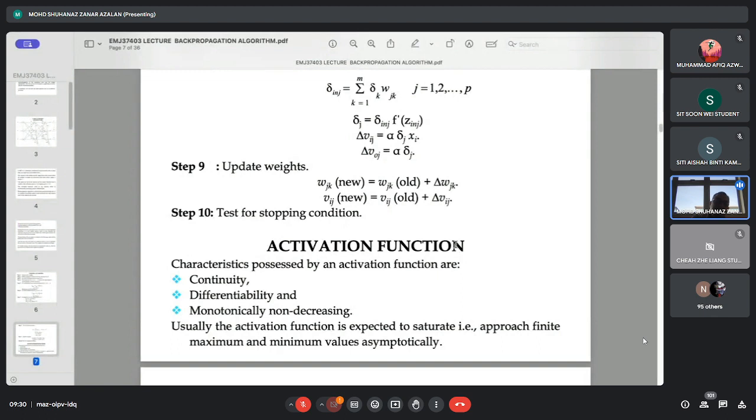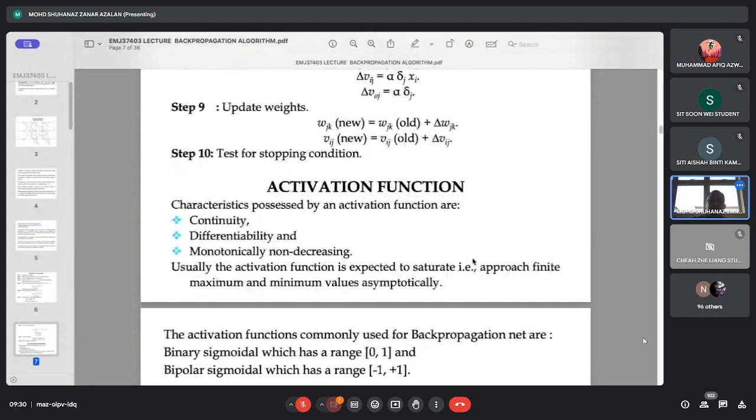Sometimes an activation function gives me good accuracy for my network, and sometimes a different activation function gives low accuracy. So it depends on the activation function and also on your data. There is no wrong, no right. It depends on your data.